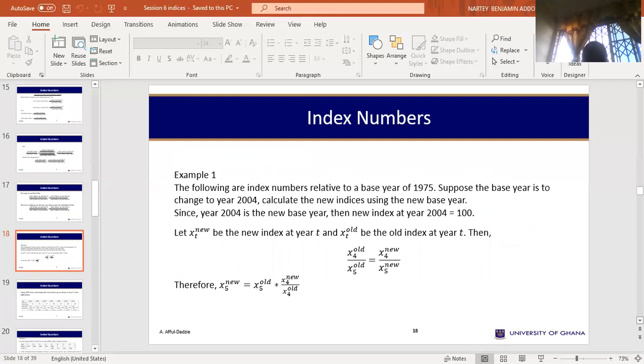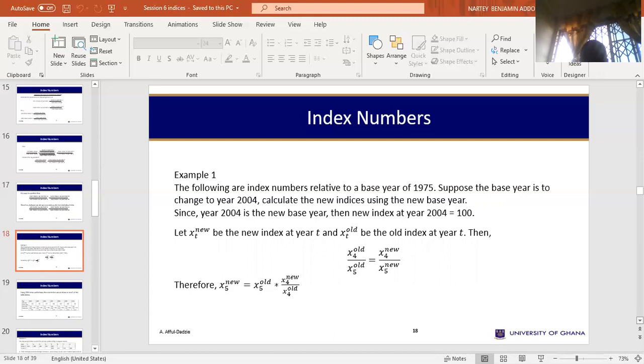Now, the following are index numbers relative to a base year of 1975. Now, suppose the base year is to change to year 2004. So you are just changing the base year from 1975 to 2004. Now, calculate the new index numbers using the new base year.